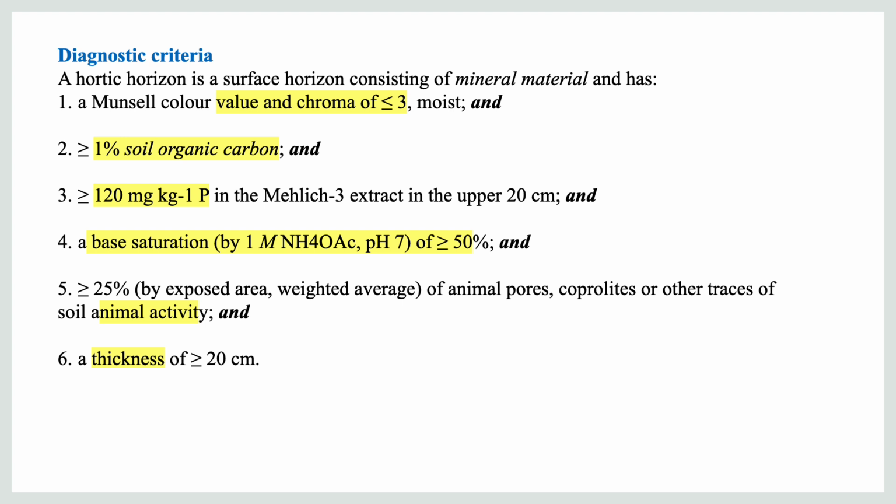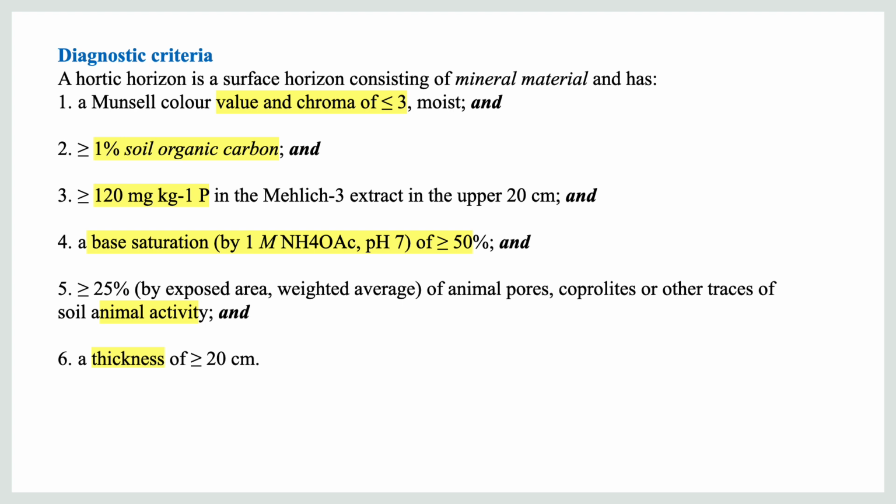So again, in Soil Taxonomy and the Brazilian system, it's quite common to say that if the soil has, for example, 80% of base saturation, this soil is eutric. Okay, in WRB, this is not true. In WRB, base saturation is one of the properties that we describe and use to classify and identify the diagnostic horizons.